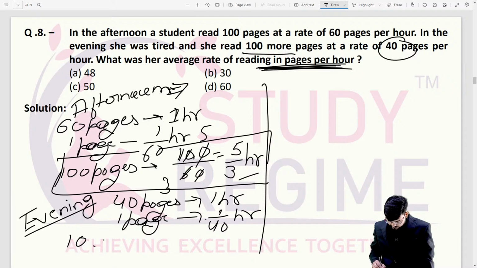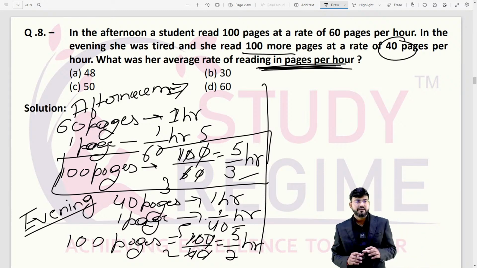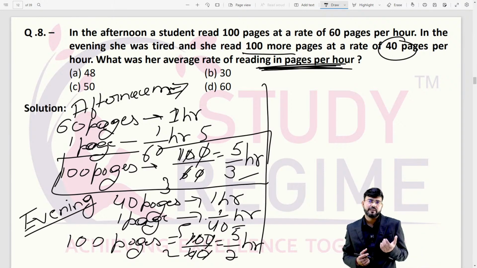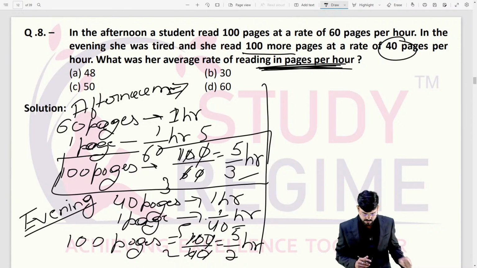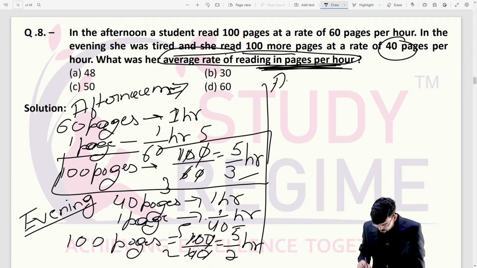So, the time required to read 100 pages is 100 by 40, which gets cancelled out. This will become 5 by 2. Clear? The time taken to read in the afternoon is 5 by 3 hours and the time taken for her to read in the evening is 5 by 2 hours. Okay. So, what is the question? Find the average rate of reading in pages per hour. Now, what is the average rate of reading?